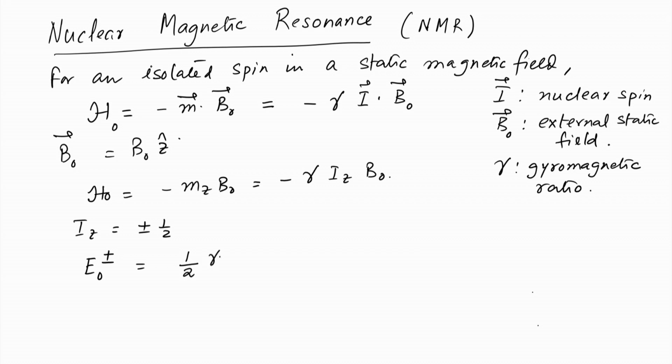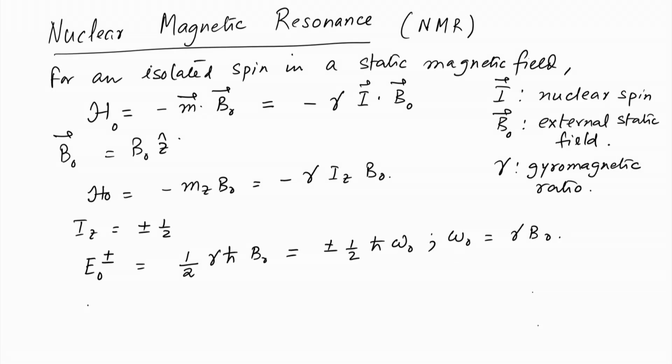So, it is plus minus half gamma h cross B 0, which can be written as plus minus half h cross omega 0, where omega 0 is basically the Larmor frequency, and because we are talking about the nuclear case, this is called the nuclear Larmor frequency.